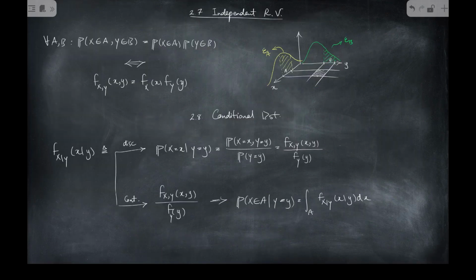Next, we have independent random variables. So for that, we need 2 random variables first to start with.